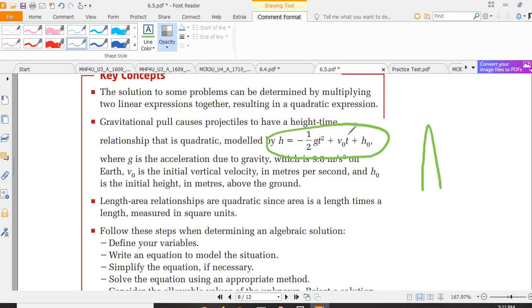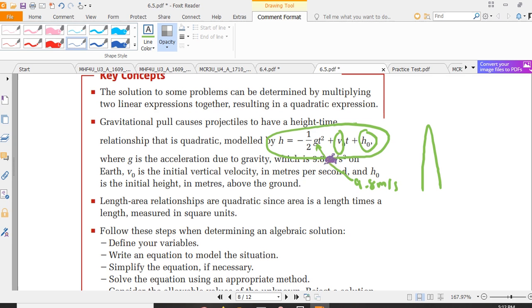Now, I never talked about this equation because I think it takes away from the idea of a quadratic, in the sense that it feels like it's another formula to memorize. But what you notice here is this is just your initial height. This is your initial velocity, or how fast you're going initially. And this right here is your gravitational pull of 9.8 meters per second squared.